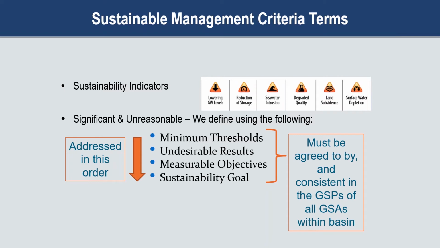Now for the criteria, it must be agreed to and be consistent within the 7 GSAs within the basin. So there had to be coordination on the methodology used to set the criteria and also what is considered an undesirable result. So we're only saying this for the 4 sustainability indicators that apply to the McMullen area GSA.